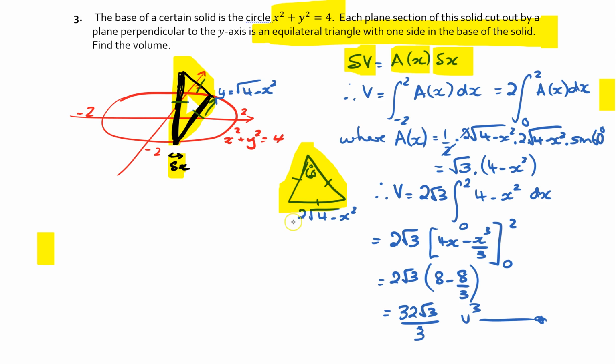So if we come down and think about that face down, we can see that what we have is a similar triangle, an equilateral triangle, and the side length is twice this distance here, and that distance is the square root of 4 minus x squared.